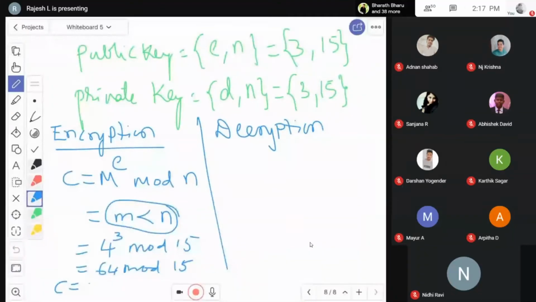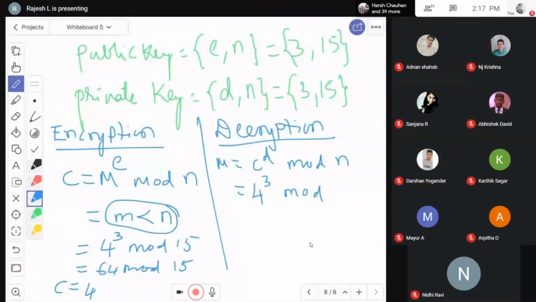At the decryption side, you have to determine the plain text: M equals C power D mod n. C is your ciphertext determined at the encryption side, which is 4, D is 3, mod 15.